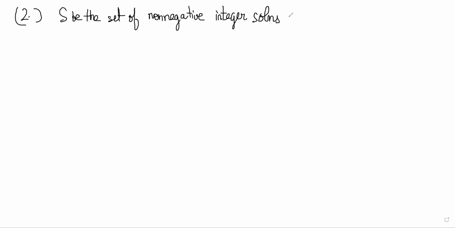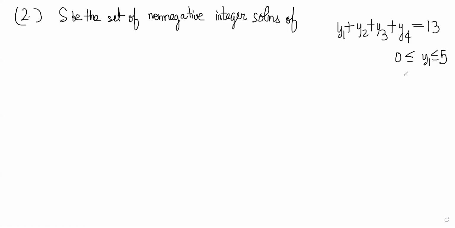So we'll say let S be the set of non-negative integer solutions of this equation, y1 plus y2 plus y3 plus y4 equal to 13, under the conditions 0 is less than equal to y1 is less than equal to 5, 0 is less than equal to y2 is less than equal to 7, 0 is less than equal to y3 is less than equal to 4, and 0 is less than equal to y4 is less than equal to 4.